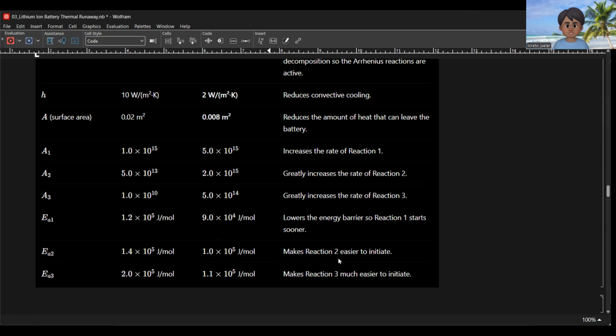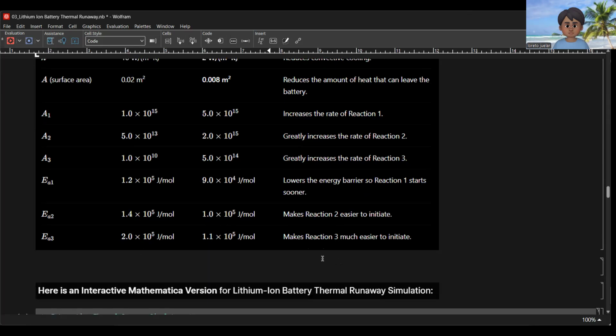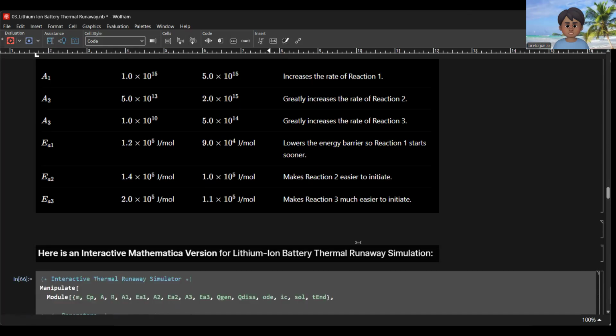This makes reaction 2 easier to initiate. For the activation energy, from the original 2.0 times 10 to the fifth joule per mole to 1.1 times 10 to the fifth joule per mole. So this makes reaction 3 much easier to initiate.